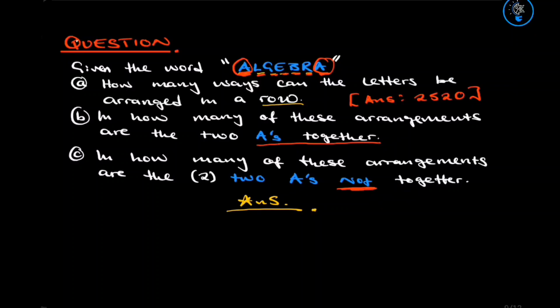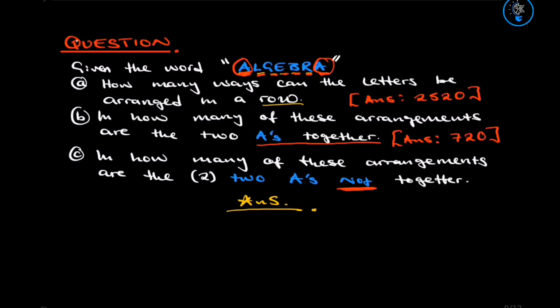Okay, let's do it. We know that when they were together, our answer on B was 720. So this was our value if the two A's were together.